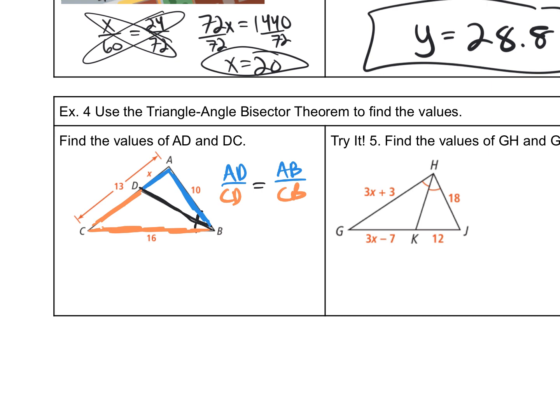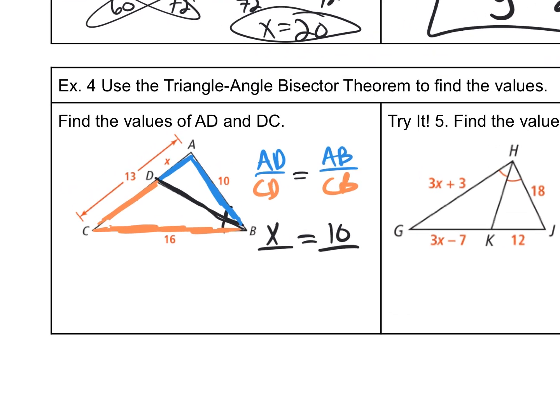So once you have that, sometimes it's helpful just to do it in letters first. We're just going to replace it with information we know. So AD, we know is a distance of X. AB was a distance of 10. CD, this is one we're going to have to go find out real quick.